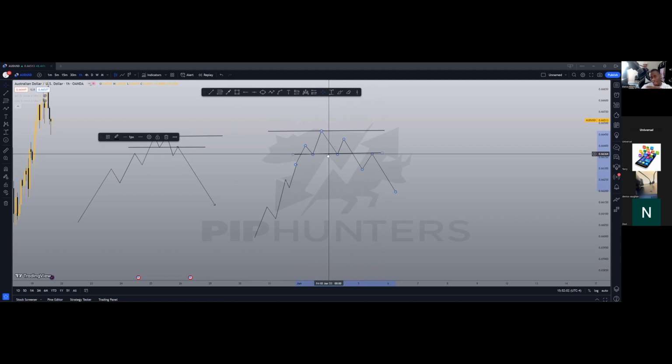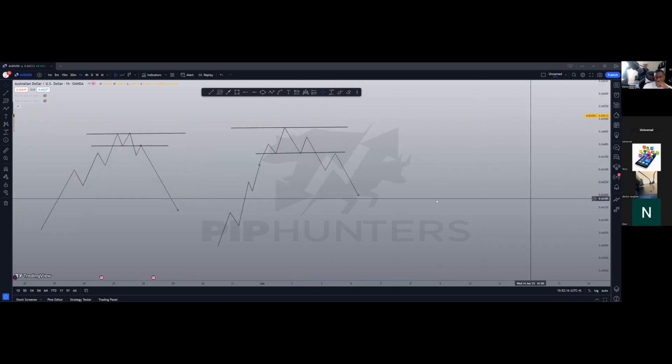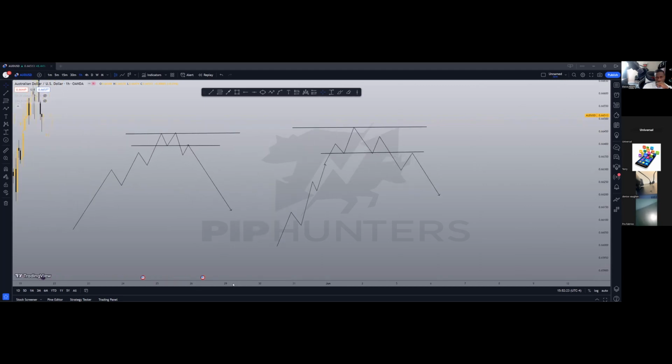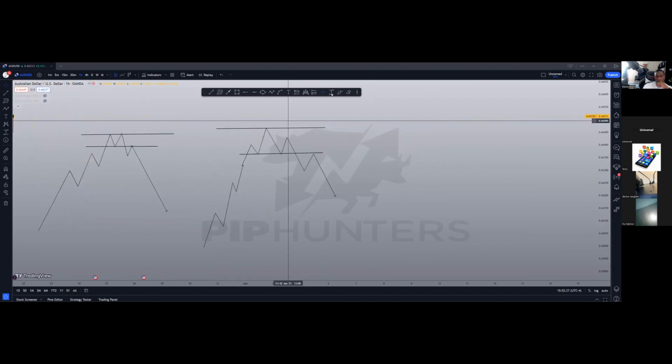They're all at equal level. This is the perfect head and shoulders, but this is not the perfect head and shoulders to trade. Let me explain why to you guys.